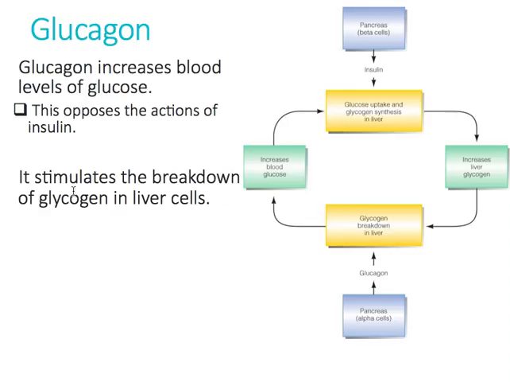Glucagon plays a role in increasing blood levels of glucose. It's directly opposite from what insulin does. So basically, if you have glycogen, which is how your body stores glucose in the liver, if you have that broken down, then you're going to have a higher blood glucose level, which will then cause glucose to be taken in by the liver and converted into glycogen, which is how it's stored, which will increase liver glycogen.